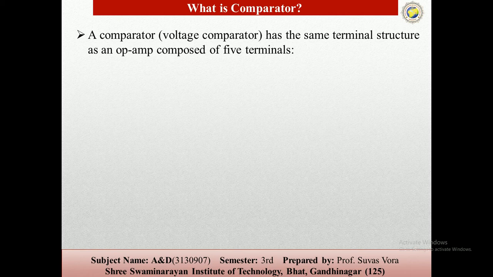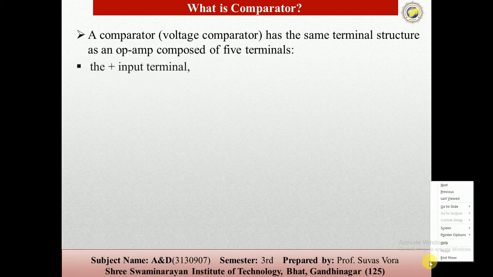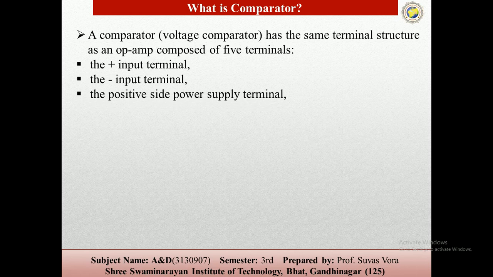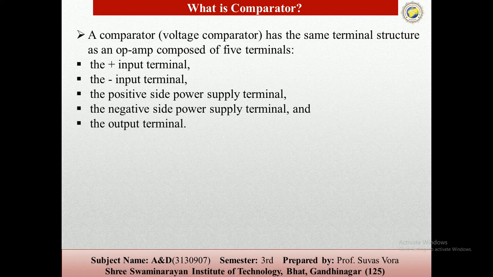The voltage comparator has the same terminal structure as the op-amp, with 5 terminals. First is the positive input terminal, then the negative input terminal, the positive side power supply, the negative side power supply, and the output terminal.